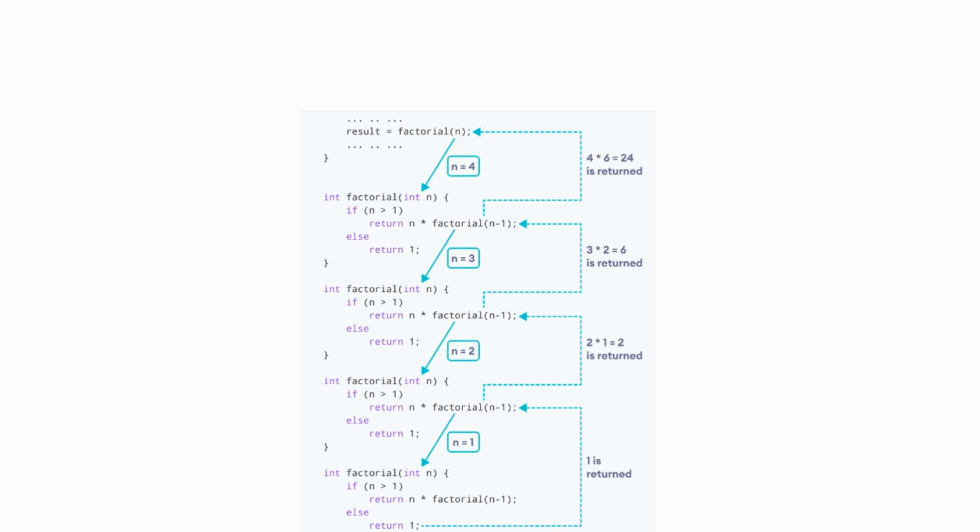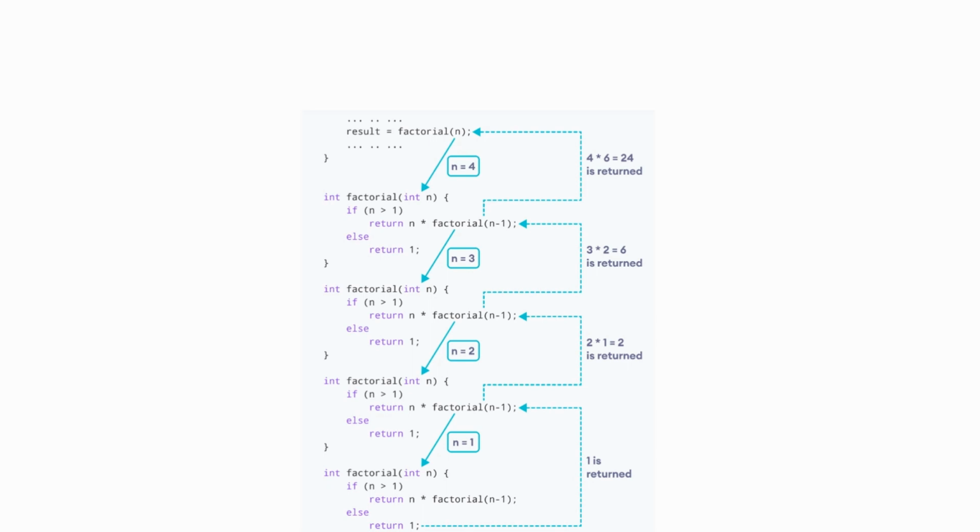The result is factorial n, and in the factorial method, we say if n is greater than 1, then you return n times factorial n minus 1. Otherwise, you return 1. Now, the return 1 is actually the exit condition of this recursion.